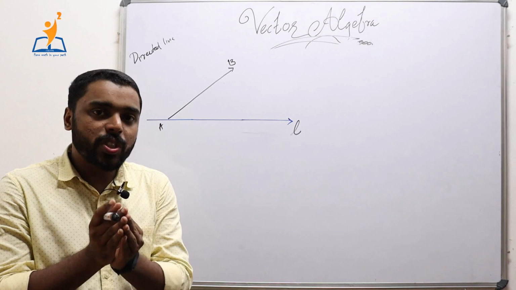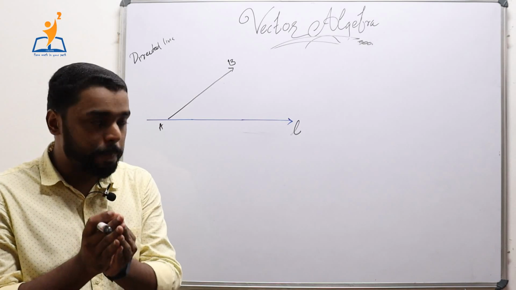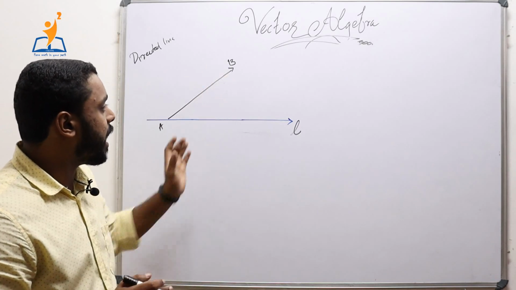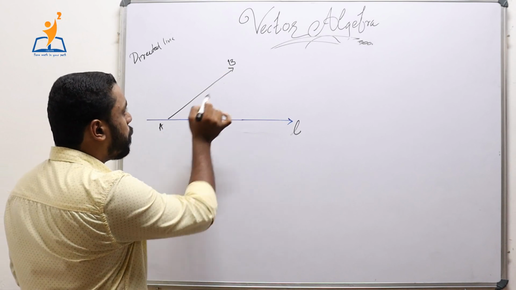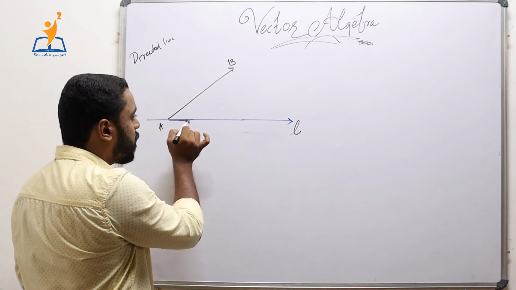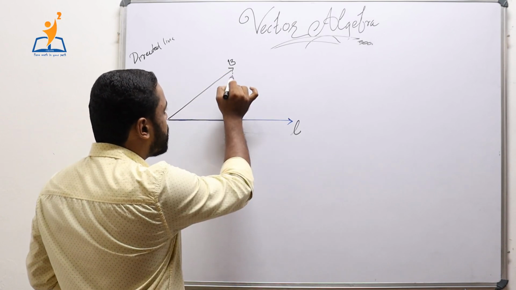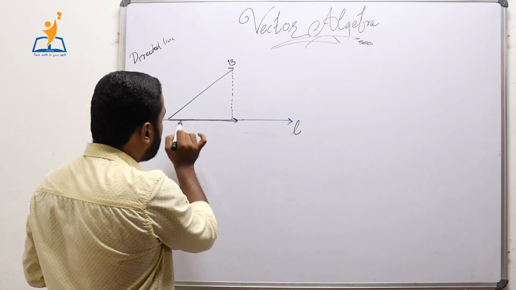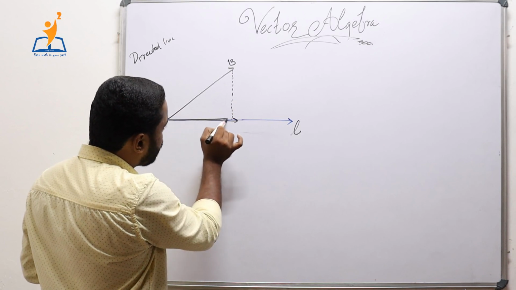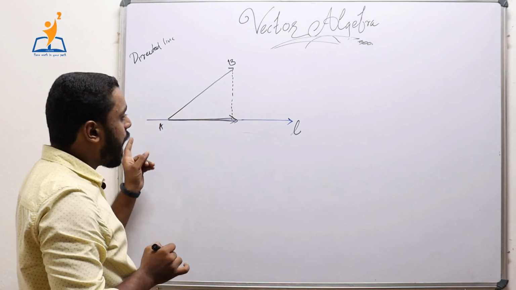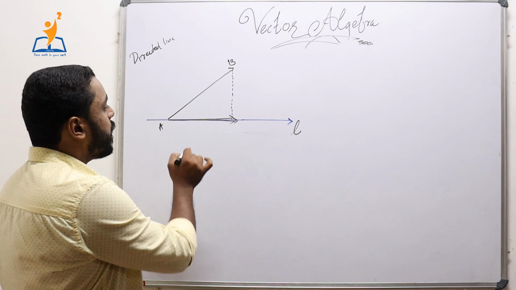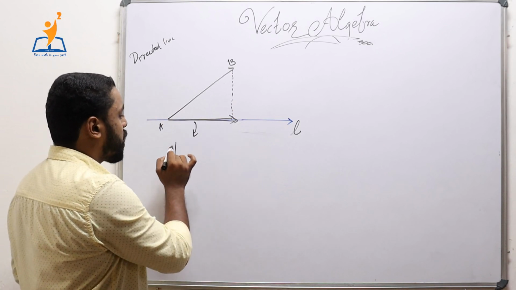Now the projection of the vector AB on the directed line L is nothing but the vector which comes like this. That is, when we form a triangle like this, the base of the triangle which lies in the directed line is called the projection.